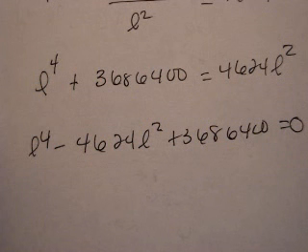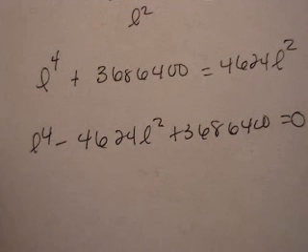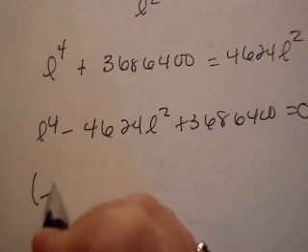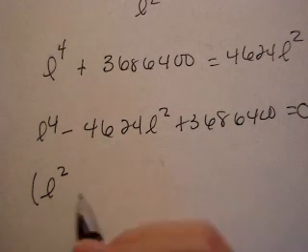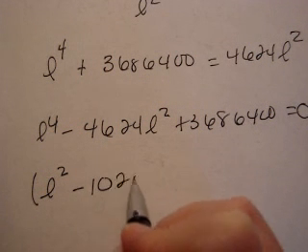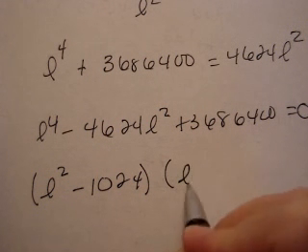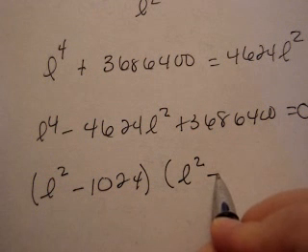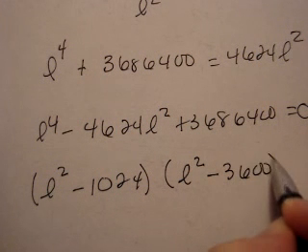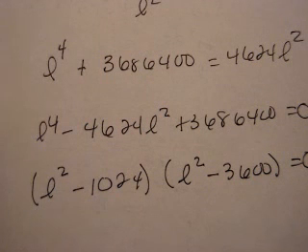Now it turns out that this is going to factor into, are you ready? And I know this because I'm magic. Okay, L squared minus 1,024 times L squared minus 3,600, and that will equal 0.